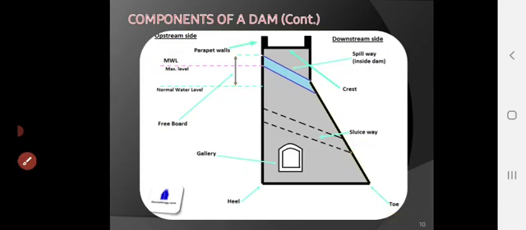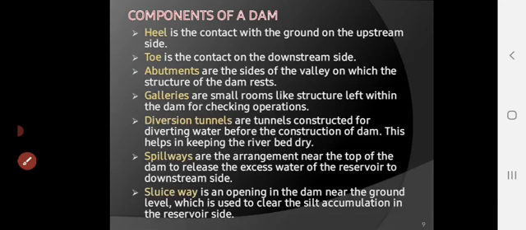Let's see the previous slide. So heel is the contact with the ground on the upstream side and toe on the downstream side. The bottommost portion of the dam on its upstream side is known as the heel. The bottommost portion on its downstream side, and both are in contact with the ground, are known as heel and toe respectively.